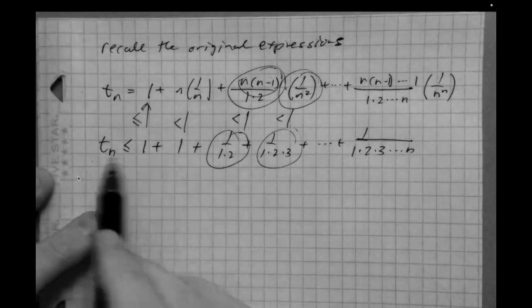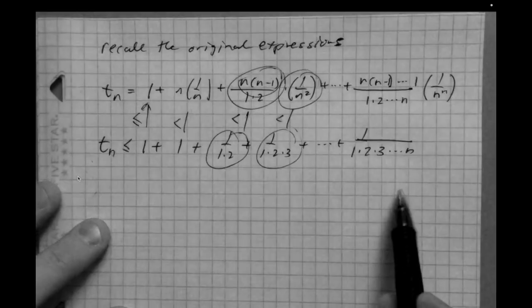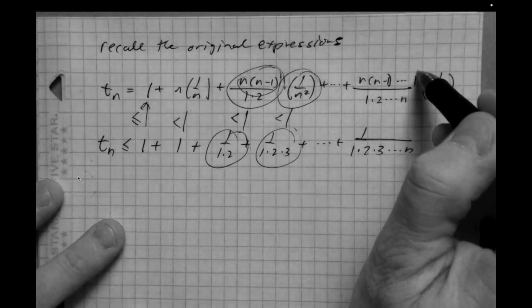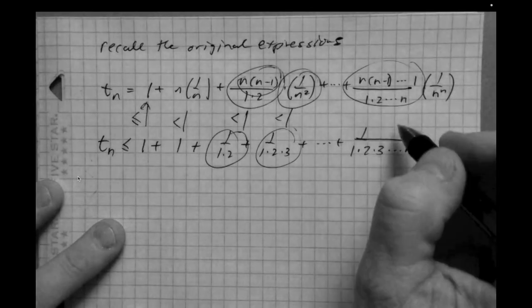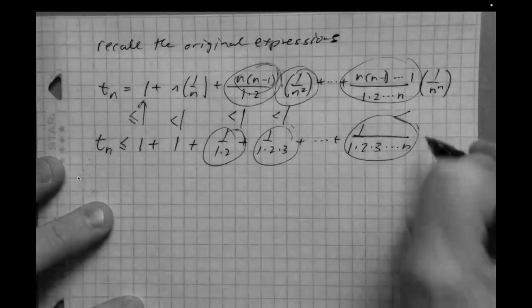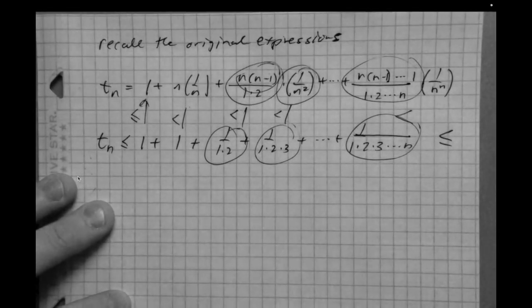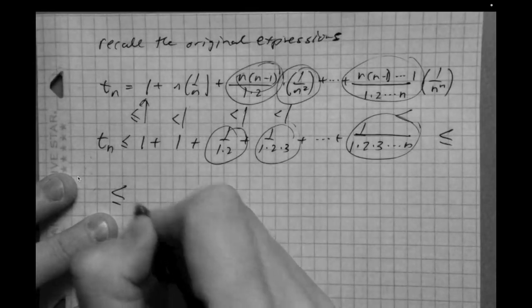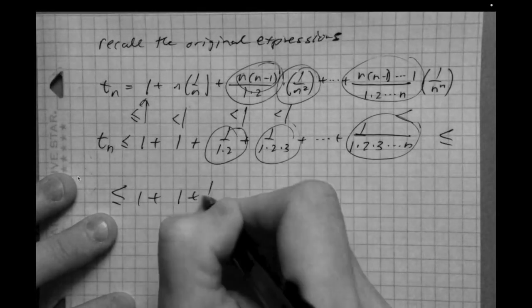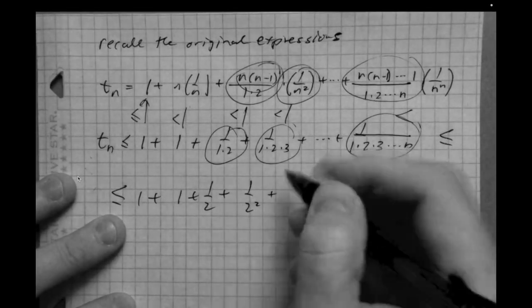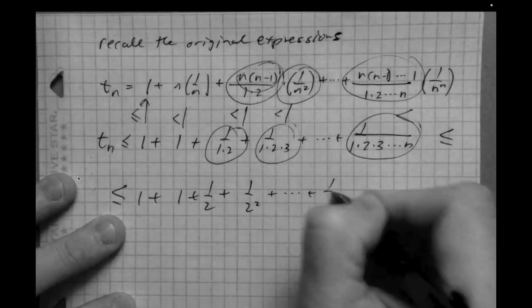And so on down the expression, and ultimately you've got the same thing here. Okay. And so this is going to be less than or equal to 1 plus 1 plus 1/2 plus 1 over 2 squared plus dot dot dot plus 1 over 2 to the n minus 1.